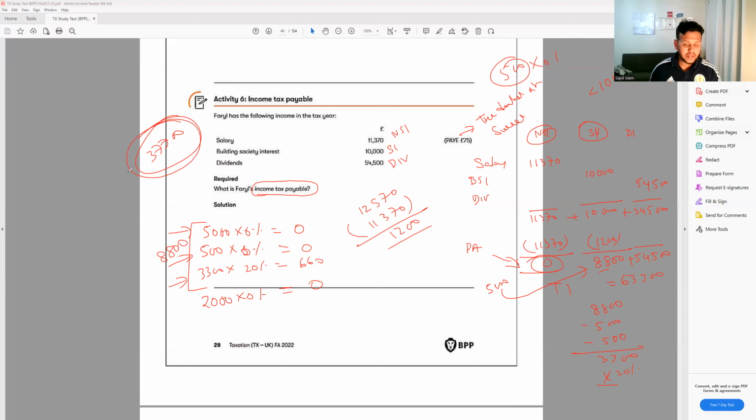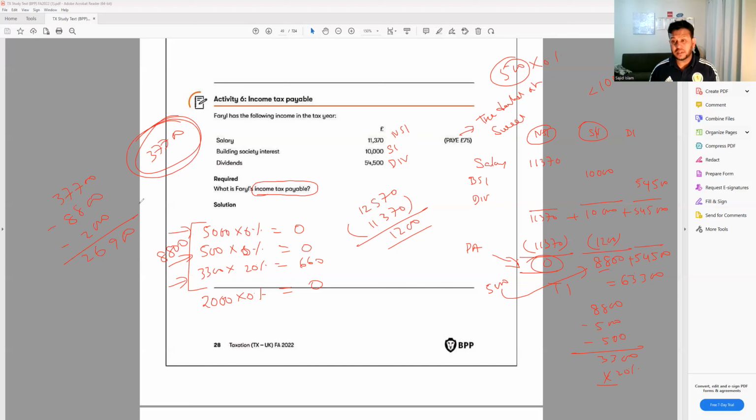From the 37,700, we need to see how much is remaining. 37,700 minus 8,800 that we have used for my savings, and also 2,000 used for the nil rate band. So we have remaining 26,900.